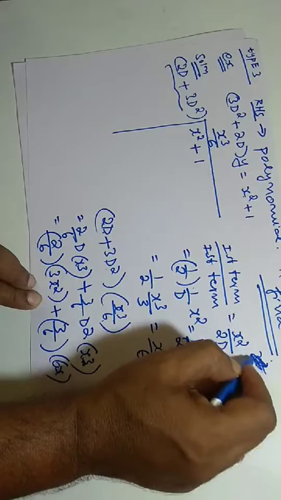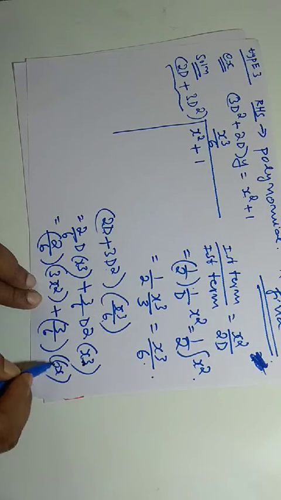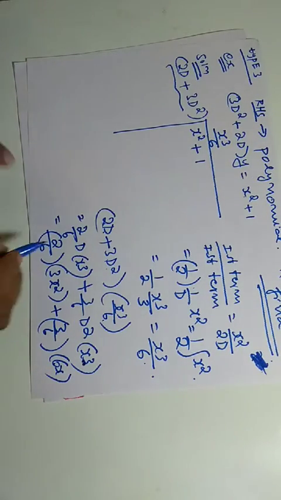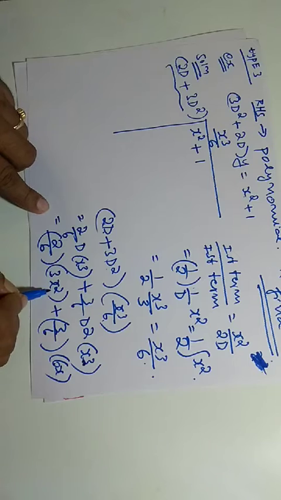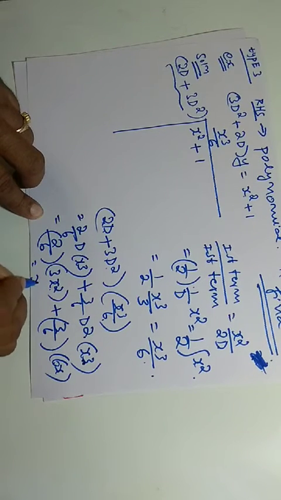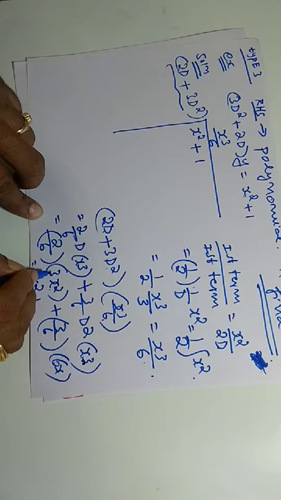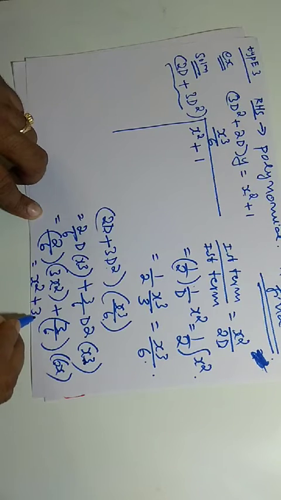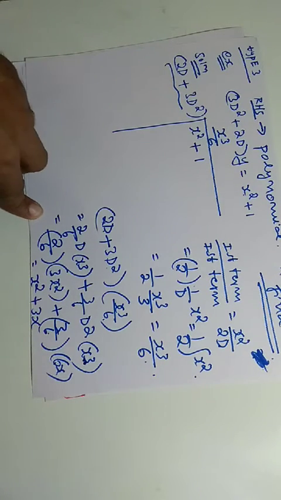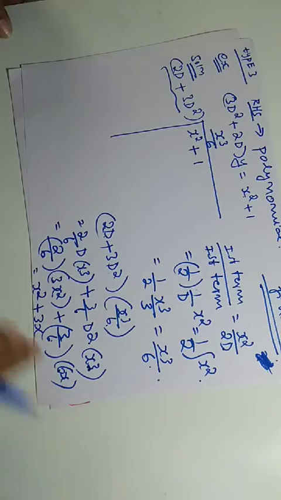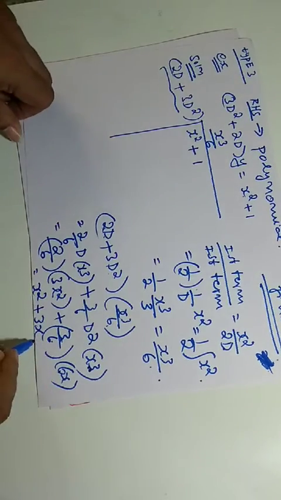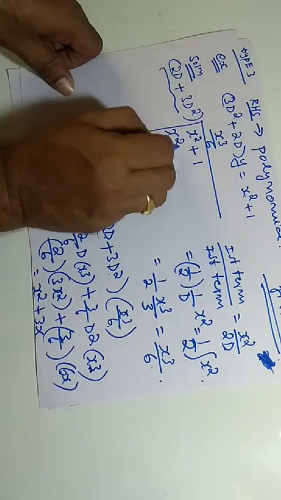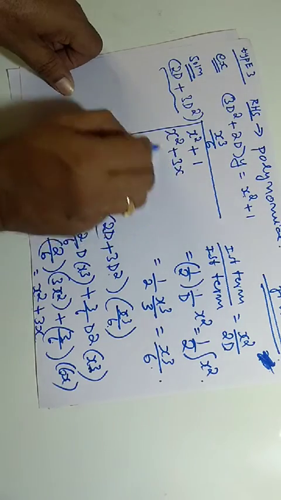So 2 into 3, 6 cancels, x squared remains. Here 6 cancels, 3x. So what is remaining is x squared + 3x. I am writing that here.